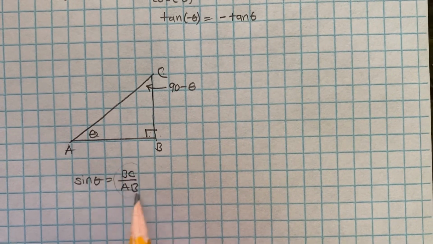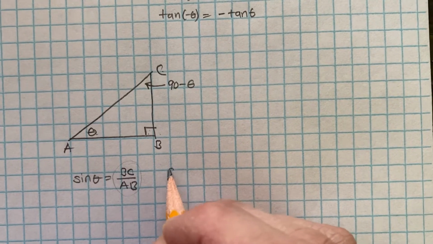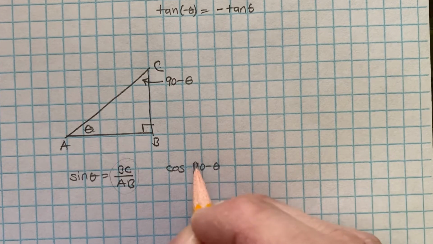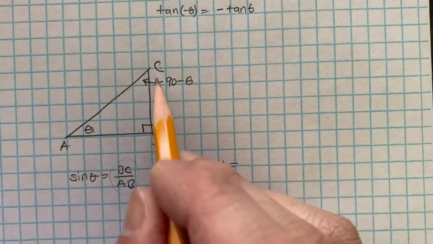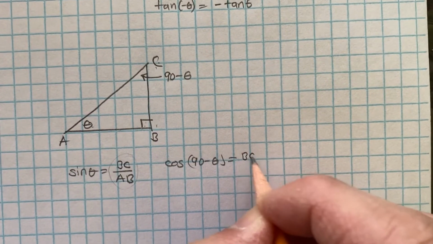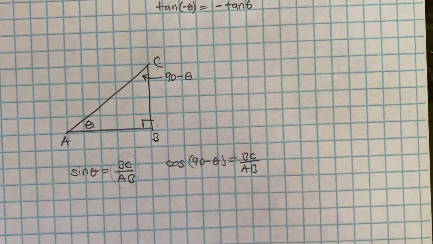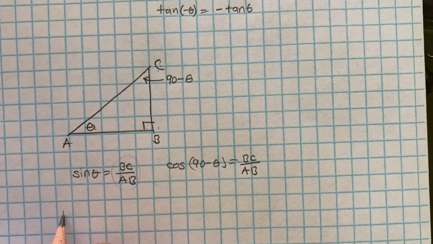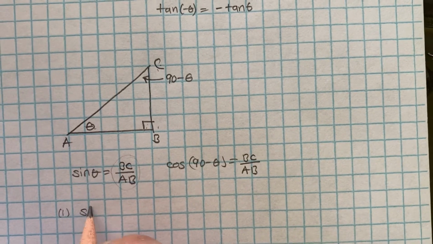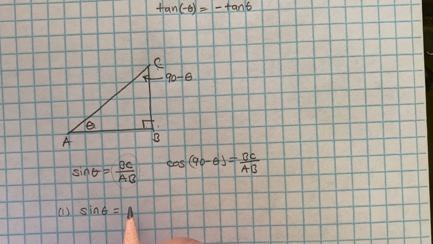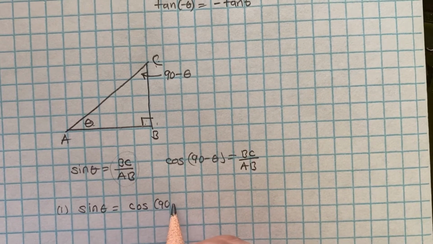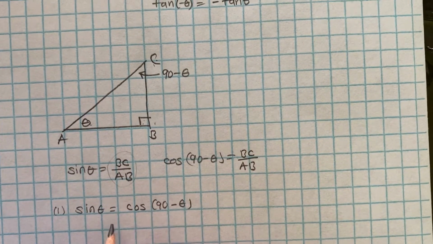Another way of obtaining this ratio is, what if I said, what is the cosine of 90 minus theta? And you would say that's also BC over AB. Okay, so one of your cofunction identities is you could say sine of theta is the same thing as cosine of 90 minus theta.